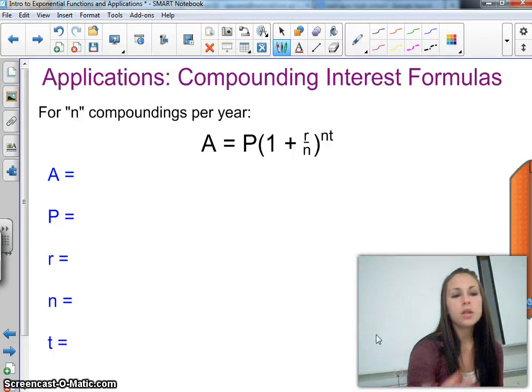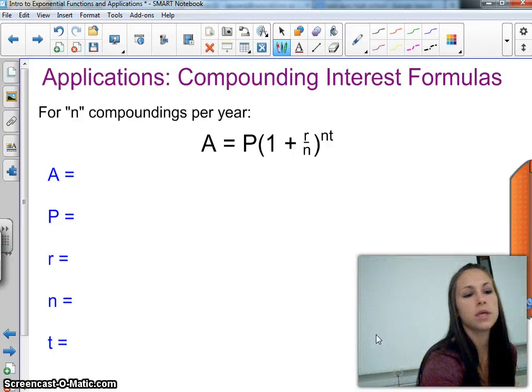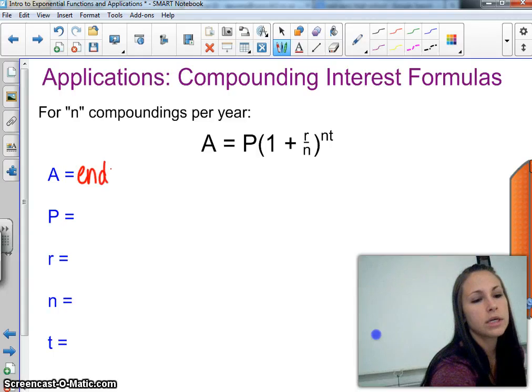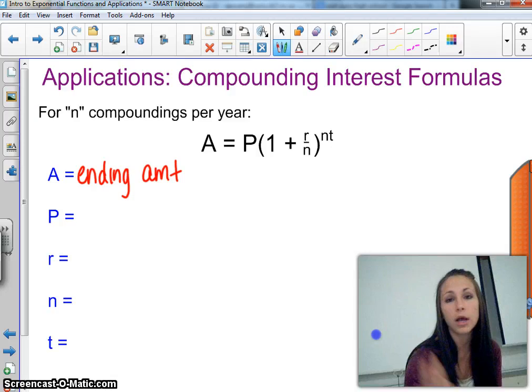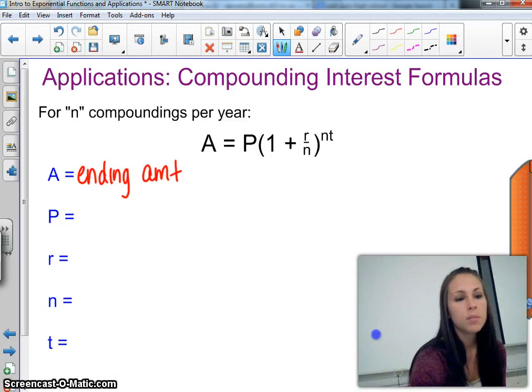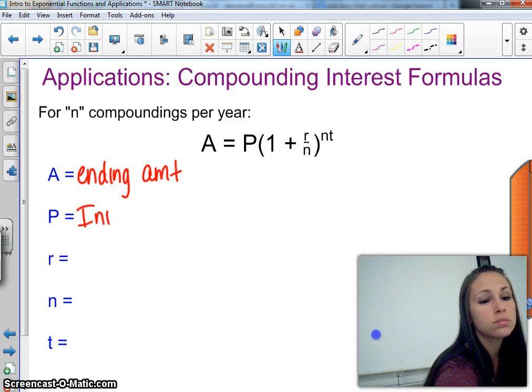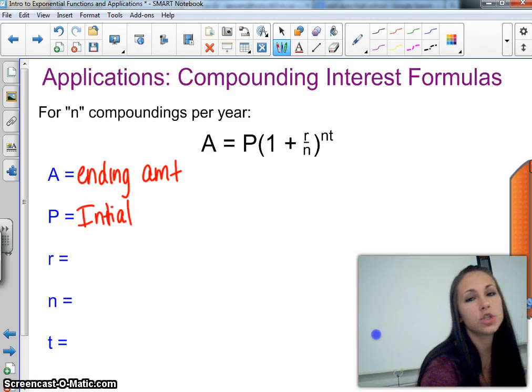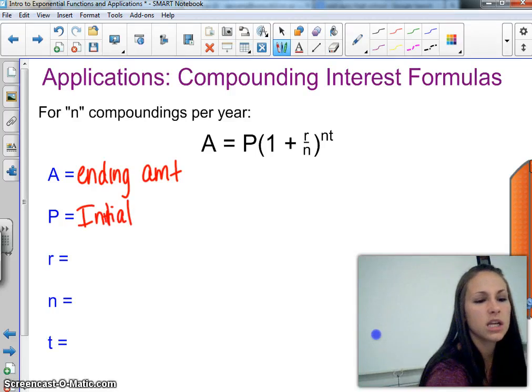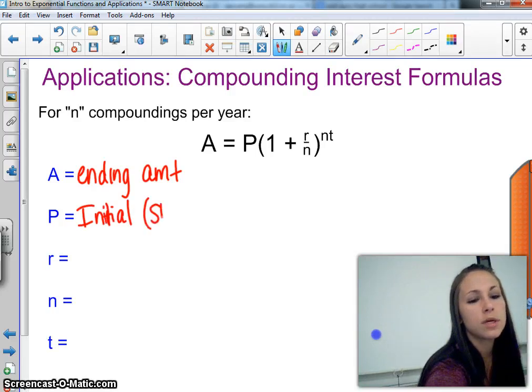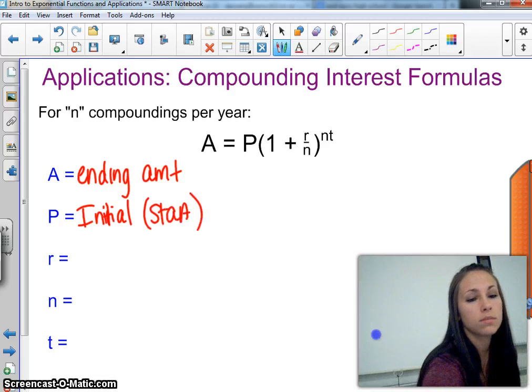But let's talk about what the variables in this formula mean. A is just going to be your ending amount, or what you end up with after your money has been compounded a certain number of times a year for a certain amount of time. P is going to be the initial, which just means the start amount.